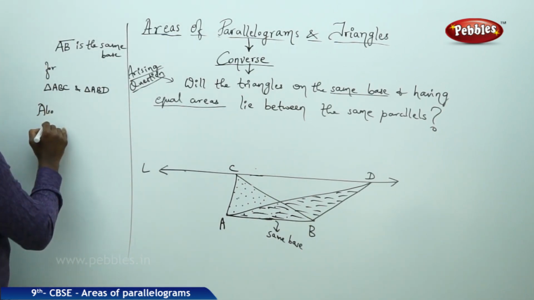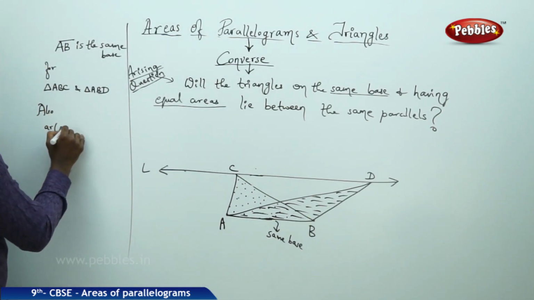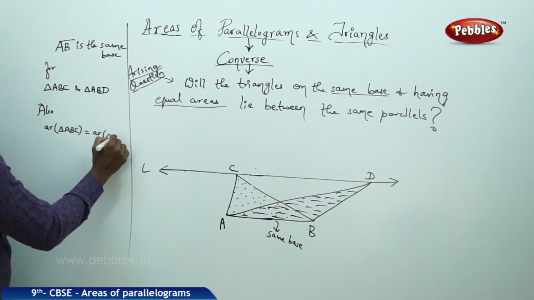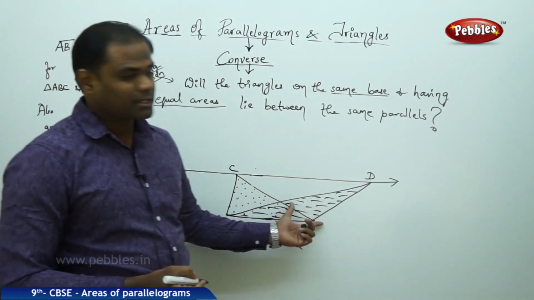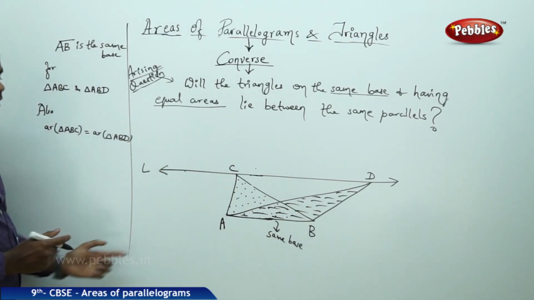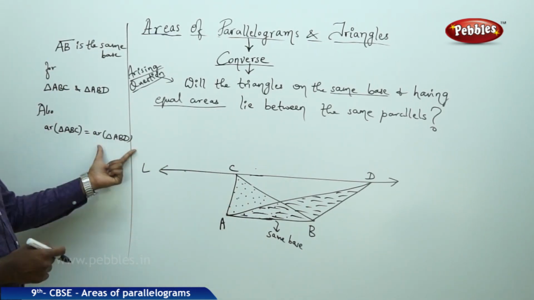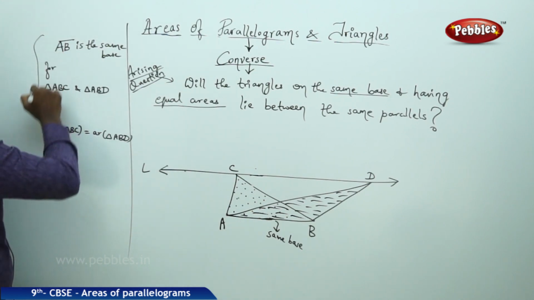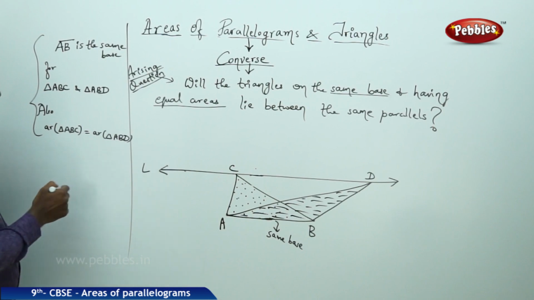Also, area of triangle ABC is equal to area of triangle ABD. These two triangles are considered in such a manner that they have equal area. So with these two conditions, let's see if the two lines are parallel.